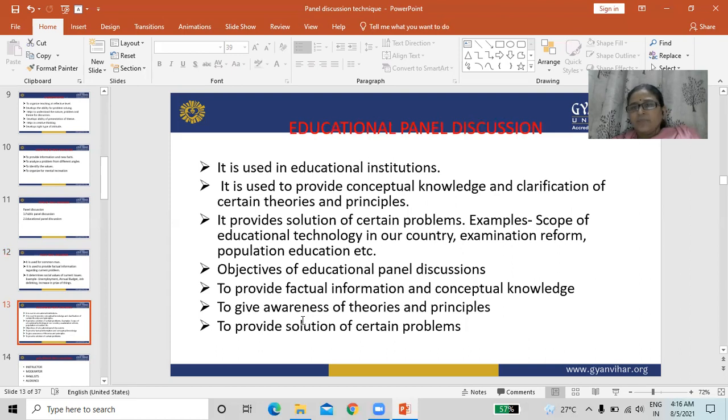The next type of panel discussion is educational panel discussion. Educational panel discussion is used in educational institutions. It is used to provide conceptual knowledge and clarification of certain theories and principles.